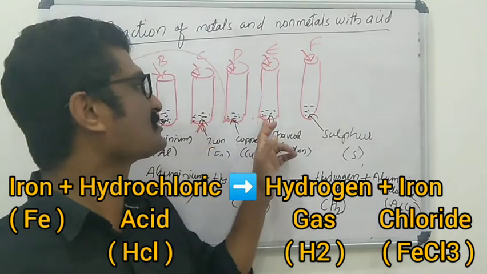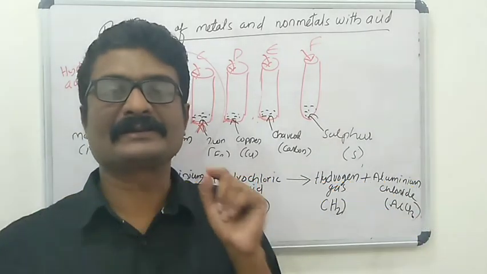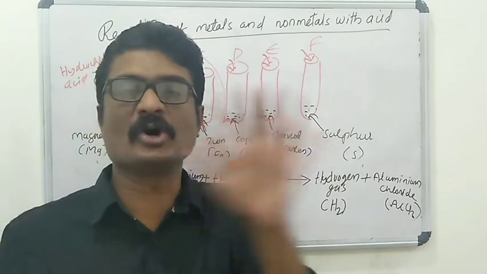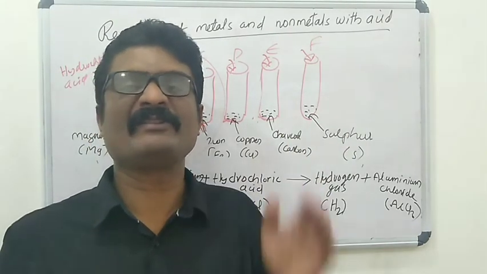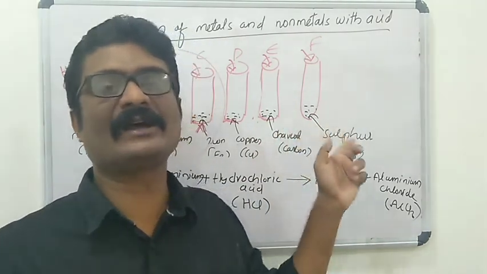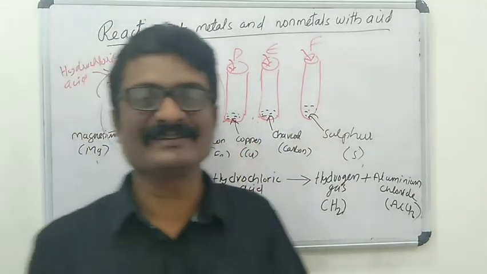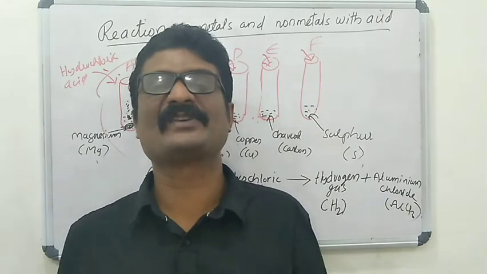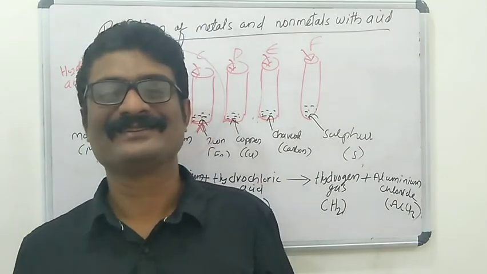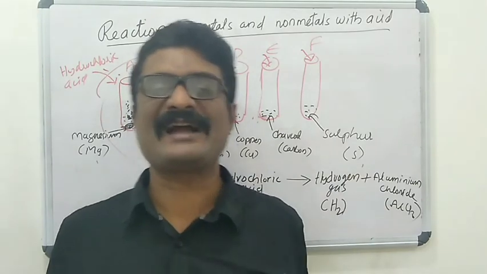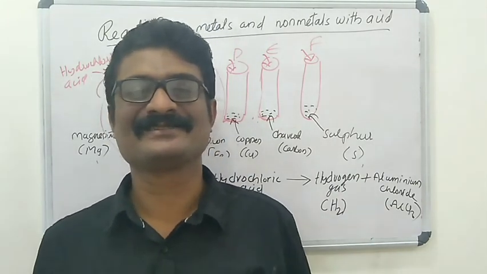Now you can see the test tubes E and F showed no reaction, where we had charcoal and sulfur. Charcoal means carbon. We know carbon and sulfur are non-metals, so we can say that non-metals do not react with acids.